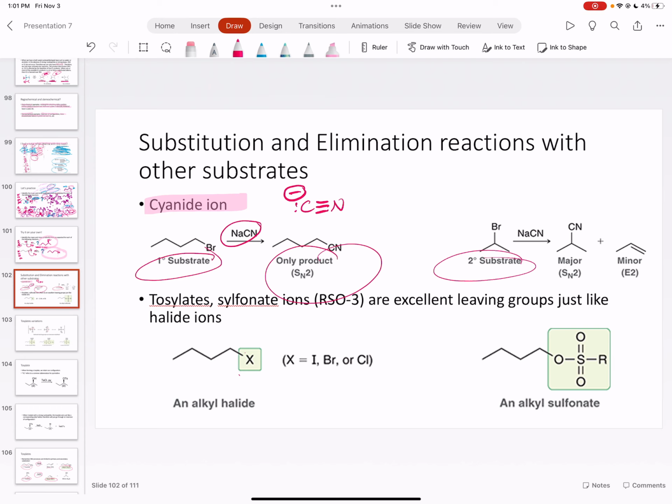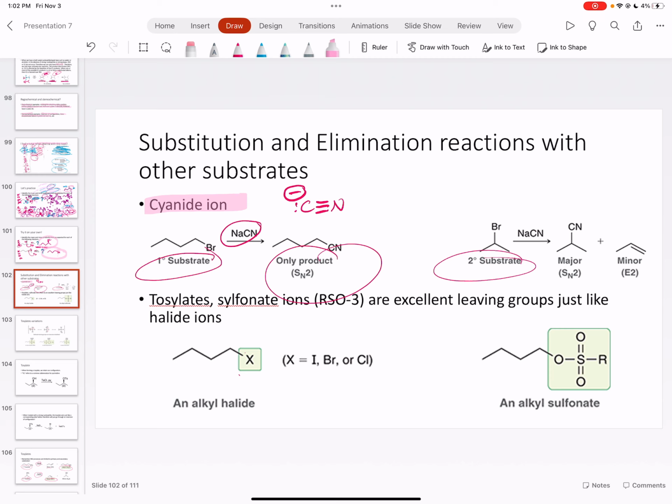And everything depends on the amount of products. It depends on the alpha and on the betas. And since we're doing SN2 and E2, it means that we don't really have to worry about carbocation rearrangements or anything.